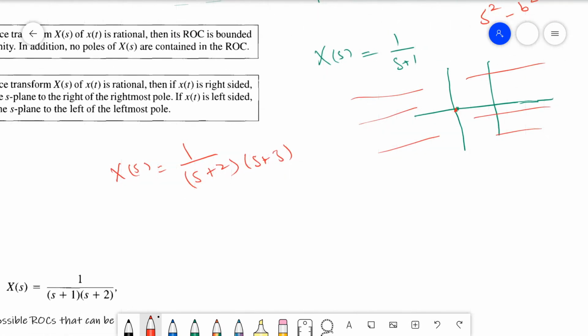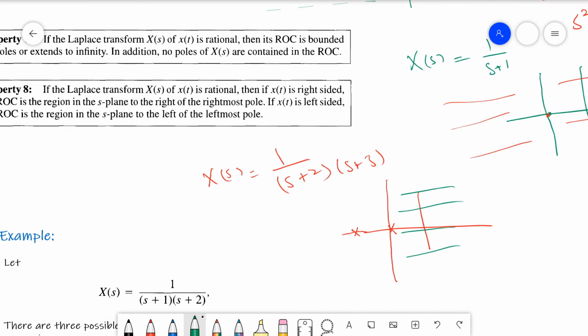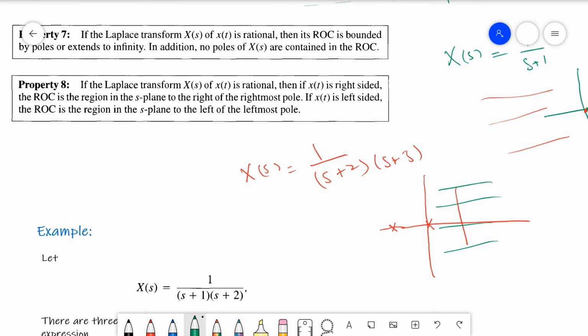Then we have the poles in the s-plane, and let's suppose it's a right-sided sequence, then the region of convergence will be on this side, because this is the rightmost pole. And similarly, if x of t was a left-sided signal, then the region of convergence would have been on the left side, so this would have been the region of convergence.